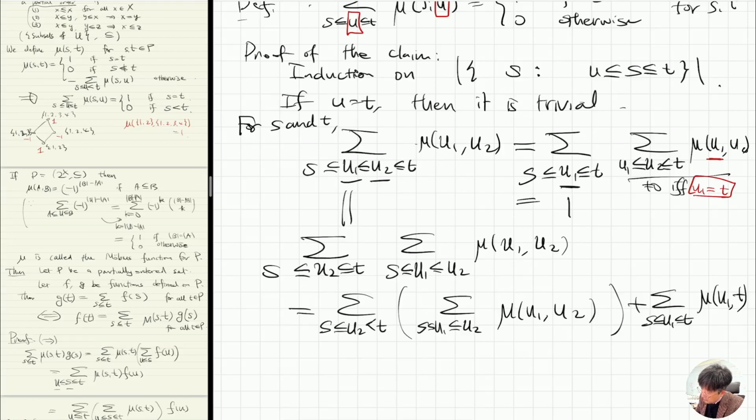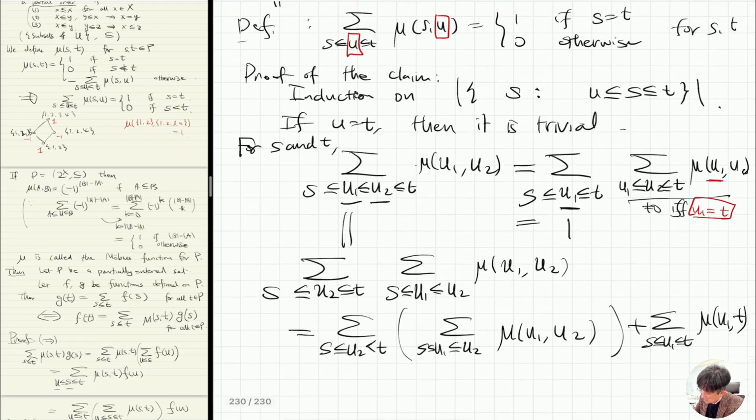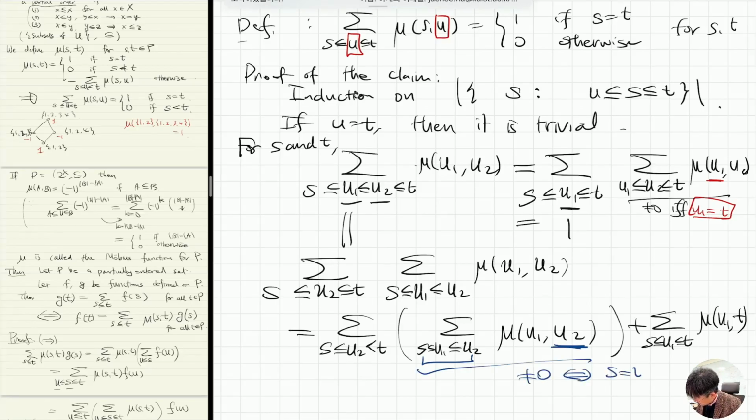Now, by induction, this part is fixed. And by induction, the number of elements between S and U2 is strictly less than the number of elements between S and U1. So we can apply the induction hypothesis. So this whole thing is non-zero if and only if S is equal to U2.